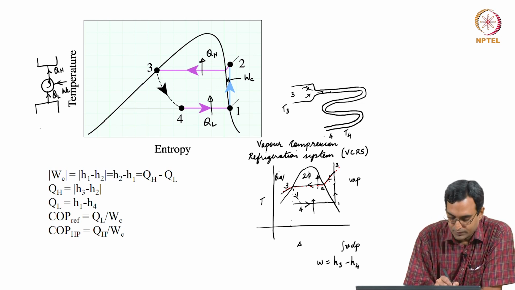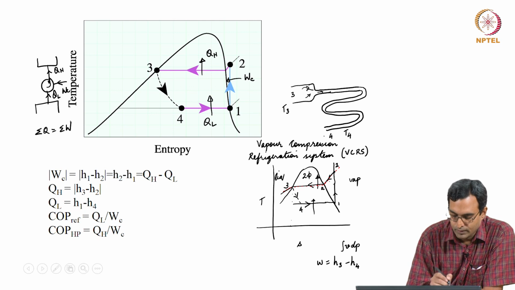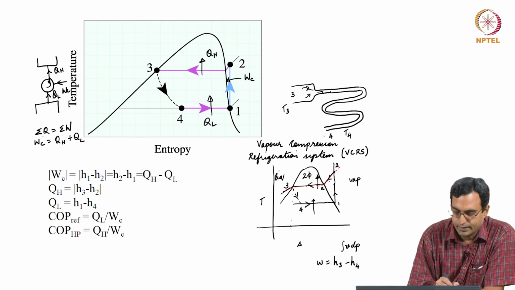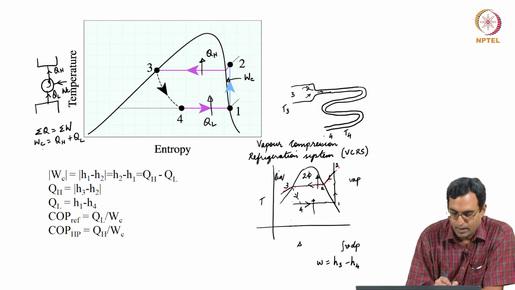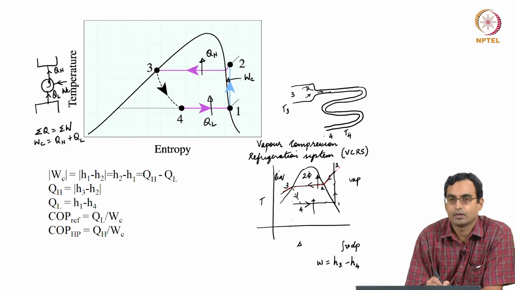And from the first law for a cycle, we have sigma q equal to sigma w, which says that WC is equal to QH plus QL. This is negative, this is negative, this is positive. So, I would have a negative value here, a negative value here and positive value here.